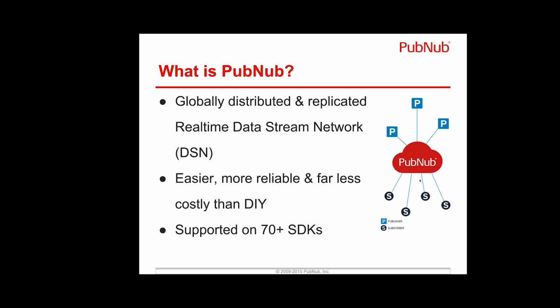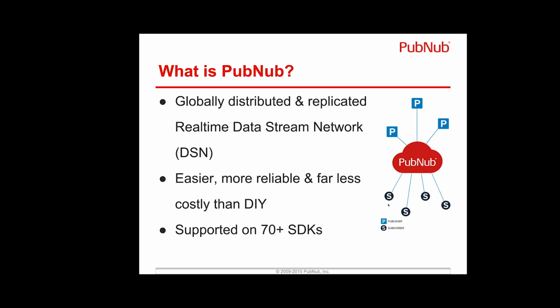All right, so here we go. What is PubNub? We are a globally distributed and replicated real-time data stream network. We provide all the infrastructure you need to develop your own real-time applications, and we are much more cost-effective and efficient than trying to set up that kind of infrastructure yourself.